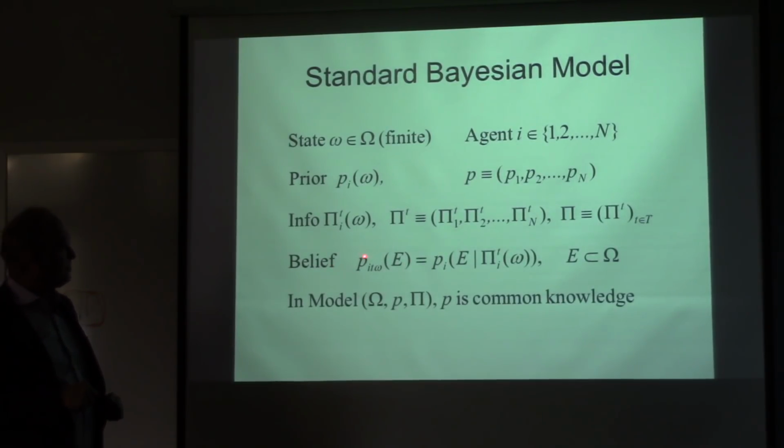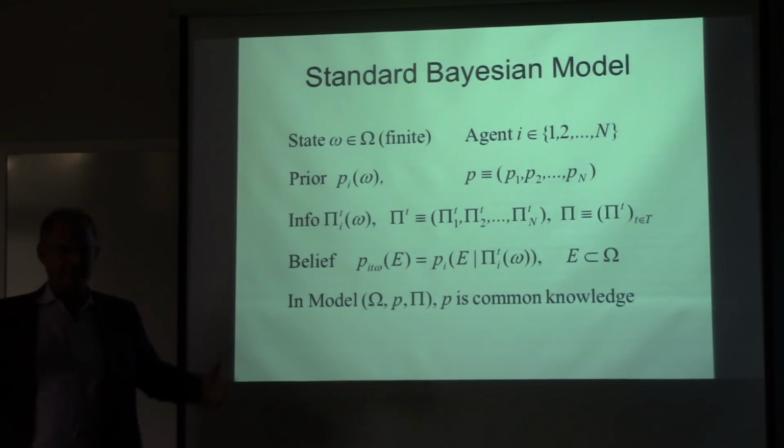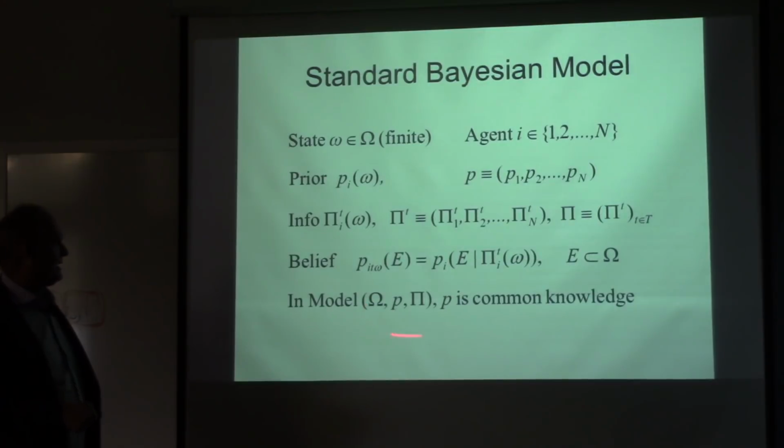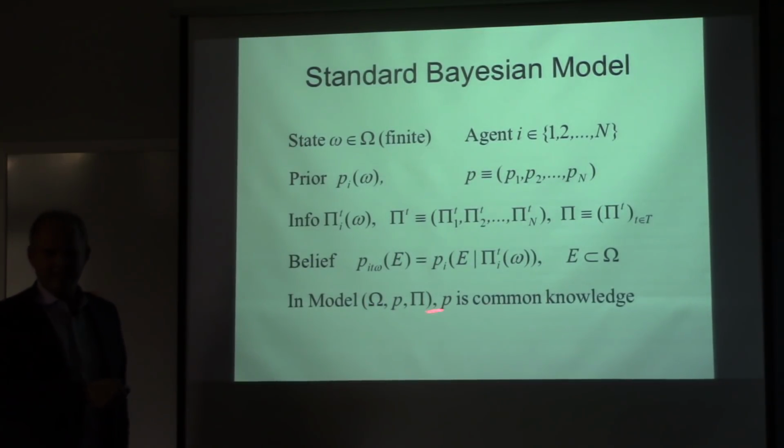The belief of any one agent, i, at time t, at state omega, about some event, e, which is just a subset of the space, is just given by the standard conditional expectation. You take the information set of that agent at that time, at that state, you condition the event e on it, and apply the prior to it, and that gives you their belief. And this is the standard Bayesian model. And in this model, as we've noted, this vector p is common knowledge. It is commonly known everywhere that everyone has this vector p, which is the problem.